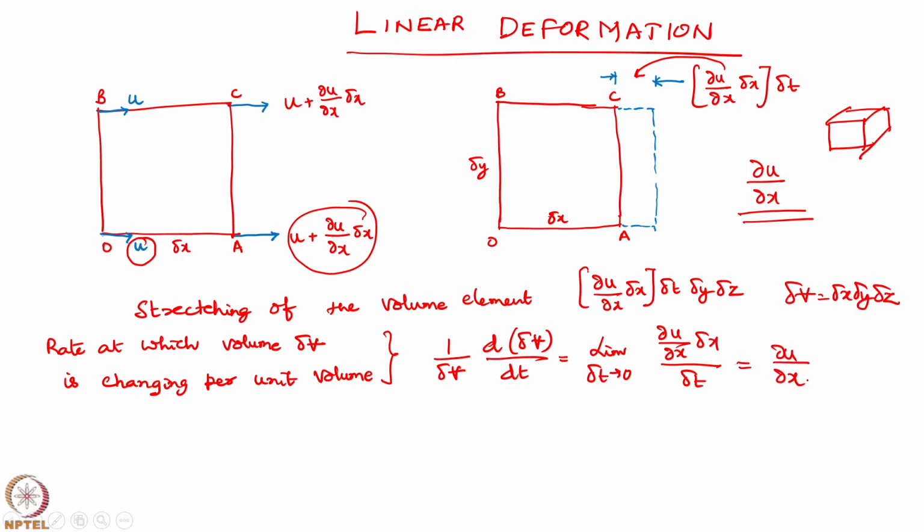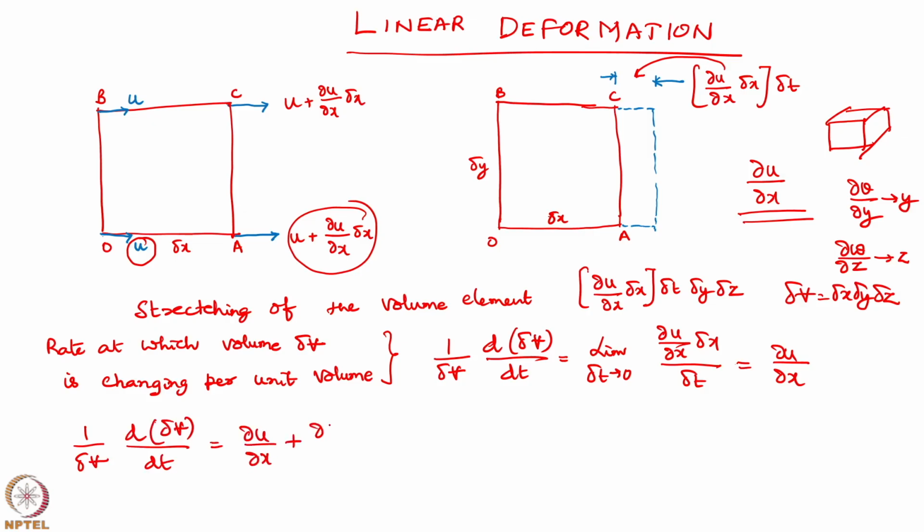Similarly, if you take the stretching in the y direction, you get del v by del y, and the stretching in the z direction will be del w by del z. So, the net change, taking the stretching in x, y, z directions together, is 1 by delta v d of delta v by dt equal to del u by del x plus del v by del y plus del w by del z.